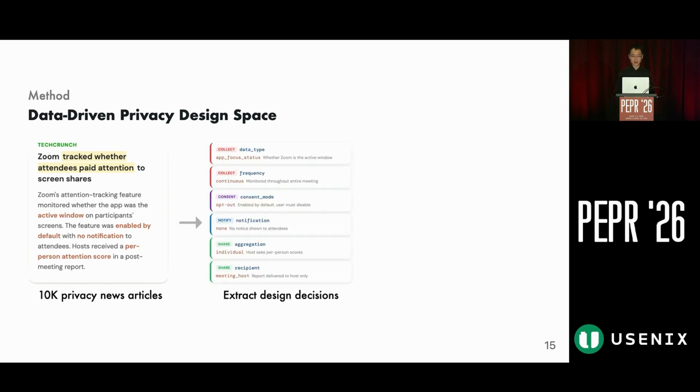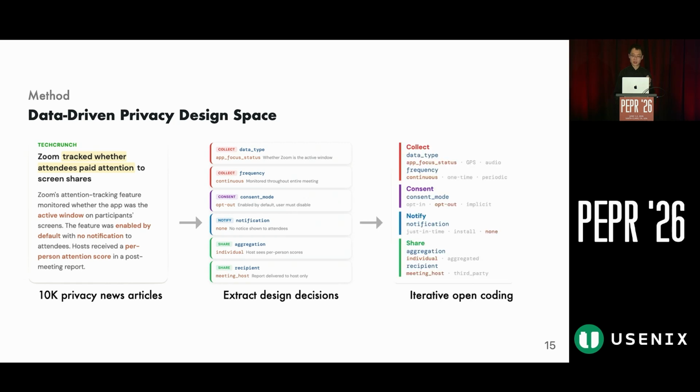We group them by data action and stakeholder interaction to put in our taxonomy. We finally use an iterative open coding process to derive our taxonomy. In each iteration, we use a large language model to first extend the available options for the existing privacy design decisions, then try to discover entirely new decisions. And we repeat this process until the design space saturates.